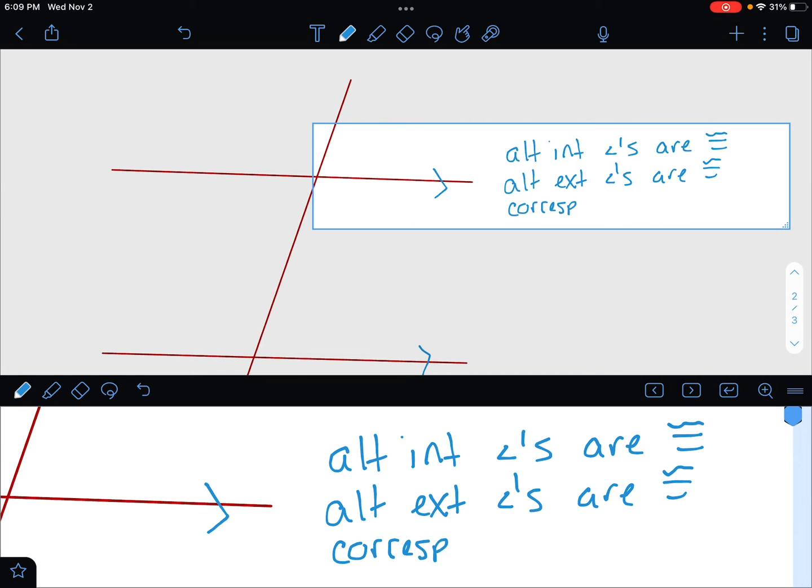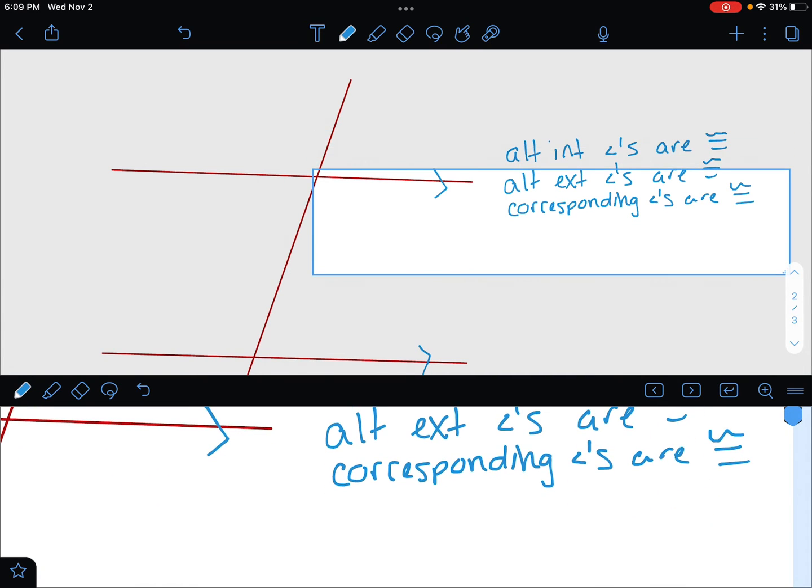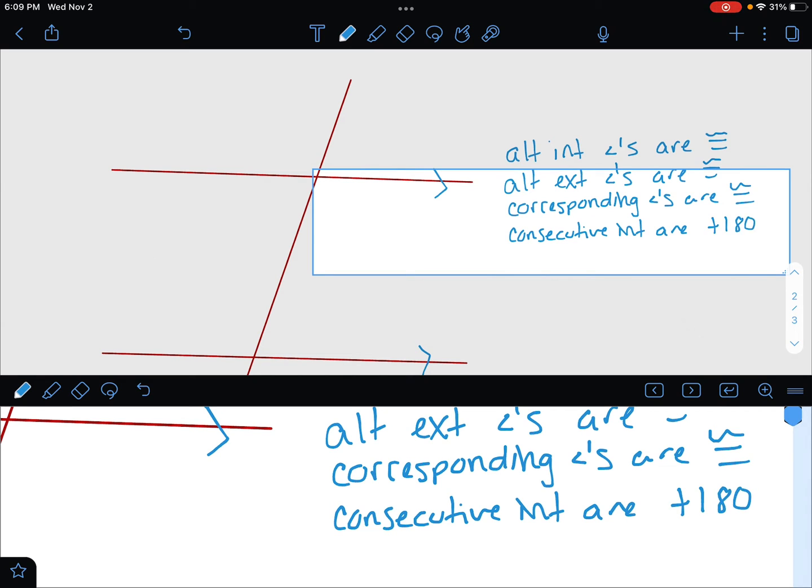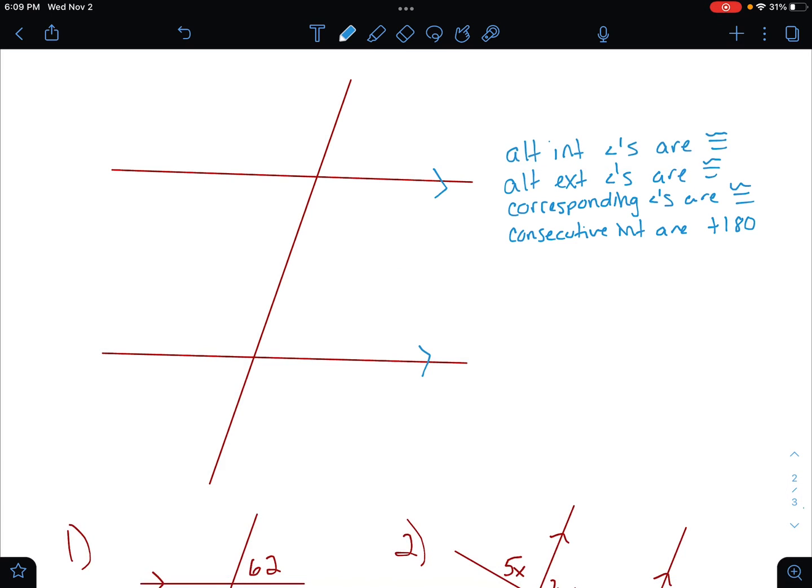Corresponding angles are congruent. They're exactly the same. Consecutive are supplementary, which means they add to 180. So we can use these definitions to figure out all of the missing angles.